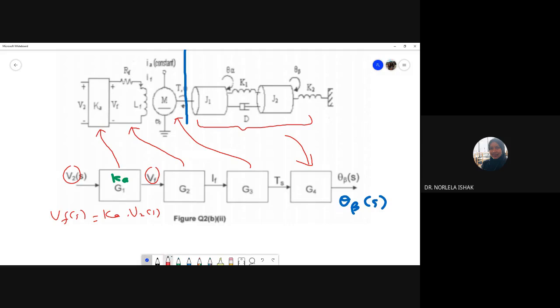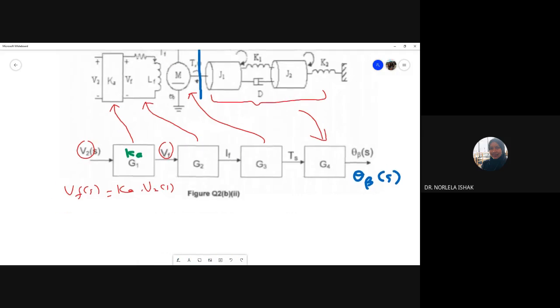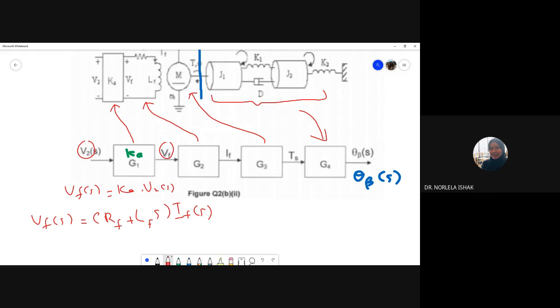G2, how to derive G2? Field circuit. So you have to derive the field circuit. So meaning VFS equal to, they have a resistor inductor, right? So LF, ni ada S, so IFS, betul tak?